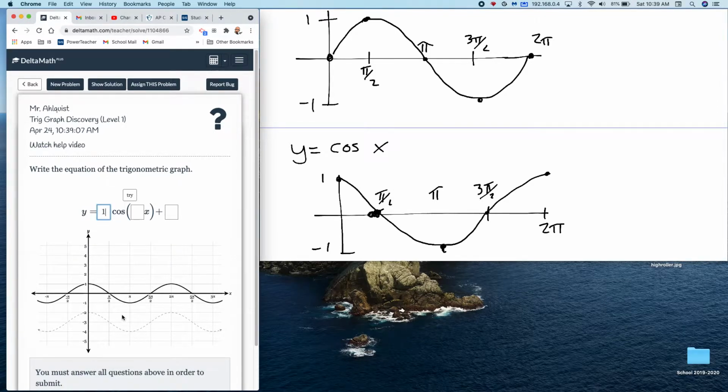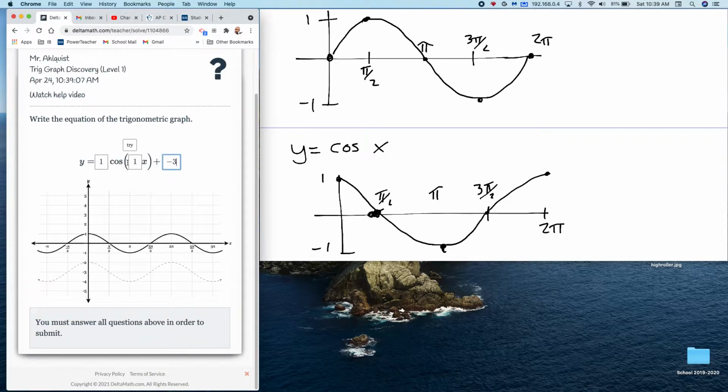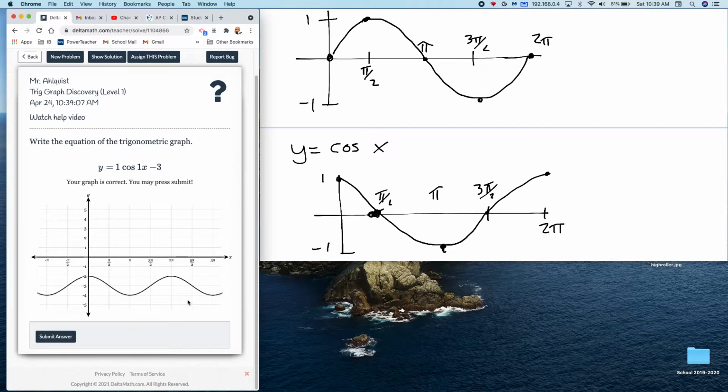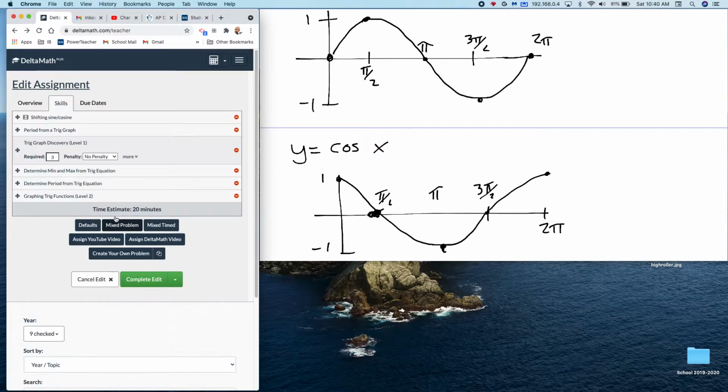The period of this dotted line goes all the way over here to 2 pi, which would make this 1. And this graph is dropped down 3 units. So if I put -3 in here, it should match up with me. Bingo, there it matches up with me. Okay, we did some of those.